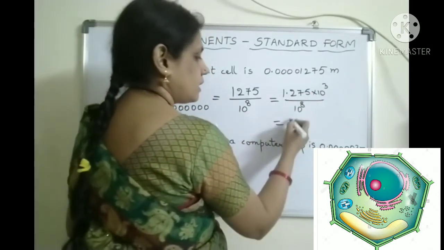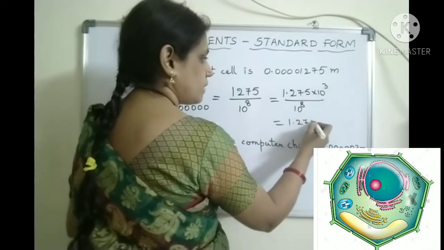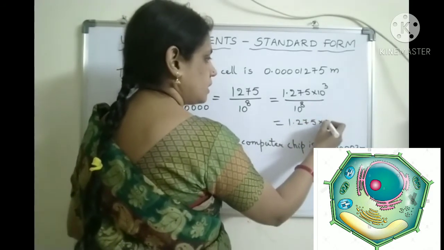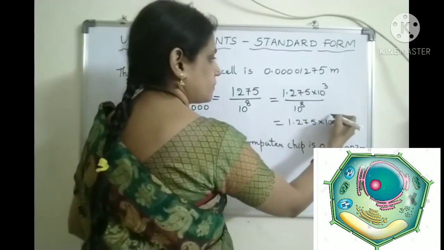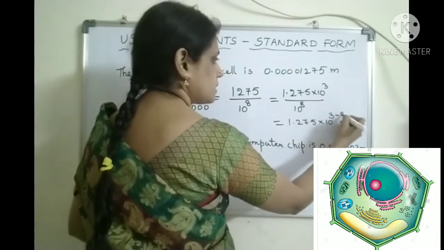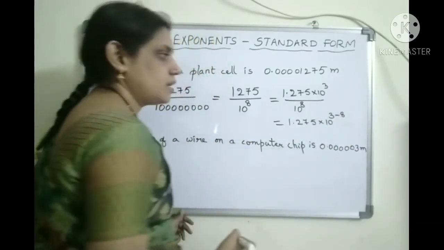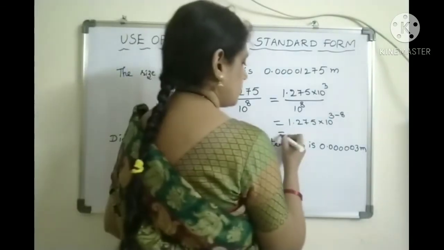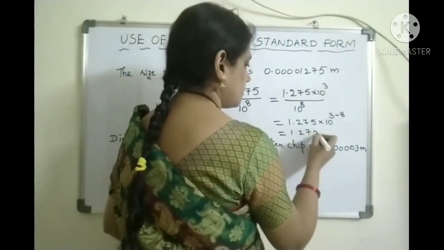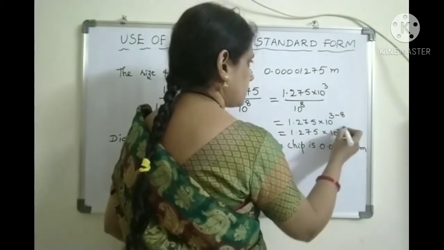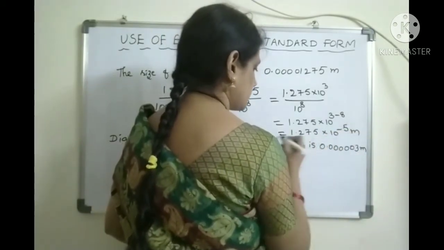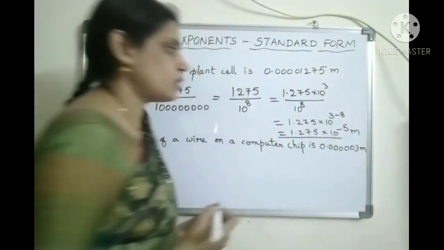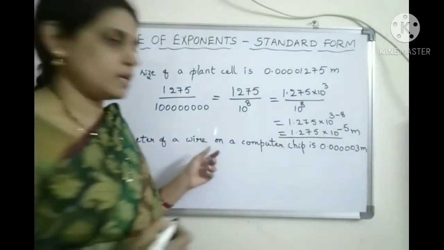So how can we write now? 1.275 into 10 to the power 3 minus 8, that is 10 to the power minus 5. So 1.275 into 10 to the power minus 5 meters. In this way very small numbers can be expressed in standard form.